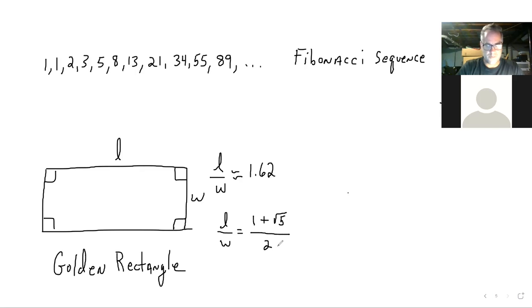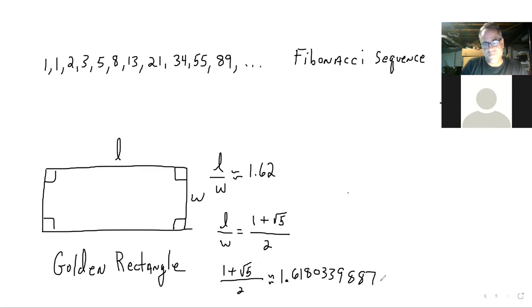Try it that way. All right, so if you take this 1 plus square root of 5 all over 2, and I carry it out to a bunch of decimal places, I'm going to have 1.61803398887.